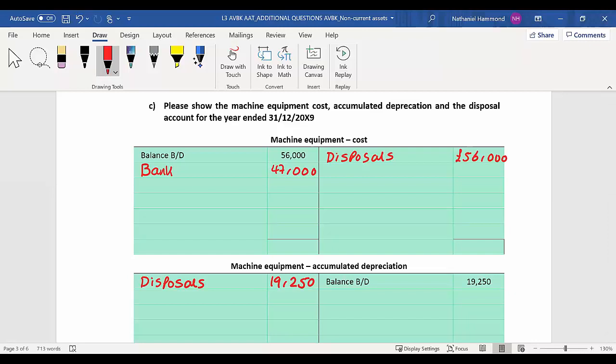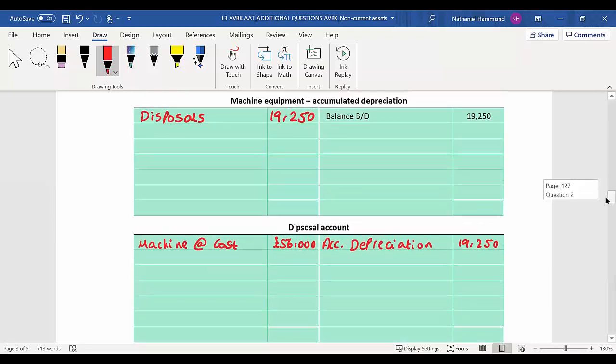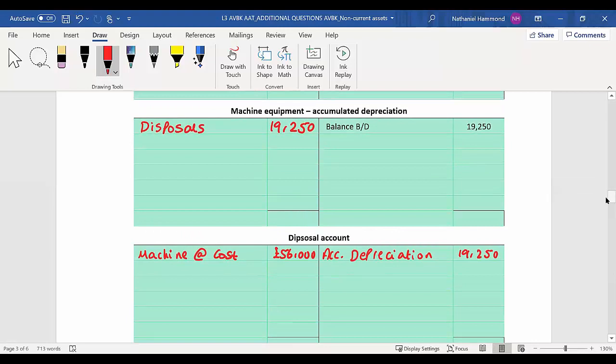So in this instance, it's going to be the disposals account, and that's going to be for £35,000. Then we'll move down to the disposals account, credit entry, so machine at cost again, for the exact same amount.